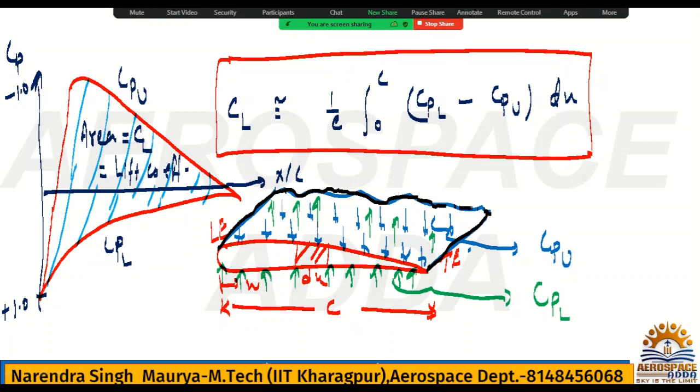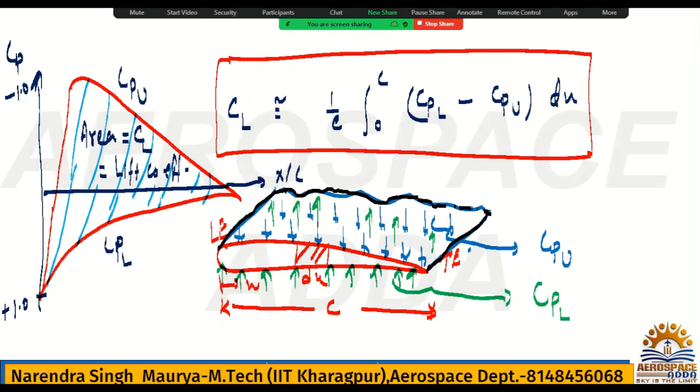Whatever the sketch of the pressure coefficients over the upper and lower surface of an airfoil, or on a wing, the area between the two curves, upper and lower, is the lift coefficient for a small angle of attack.